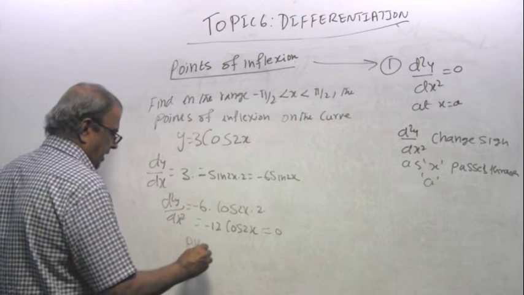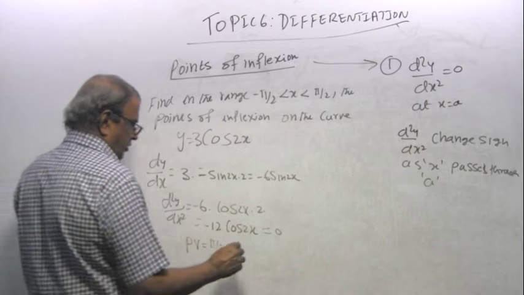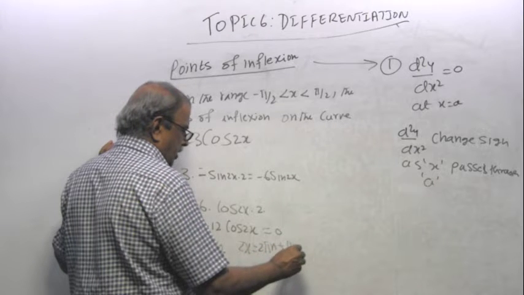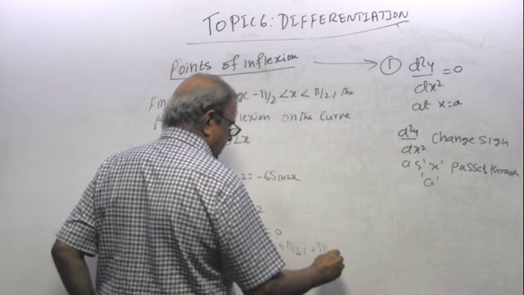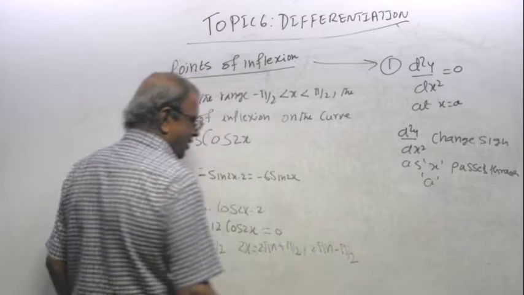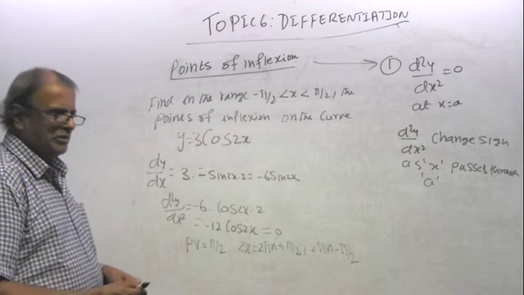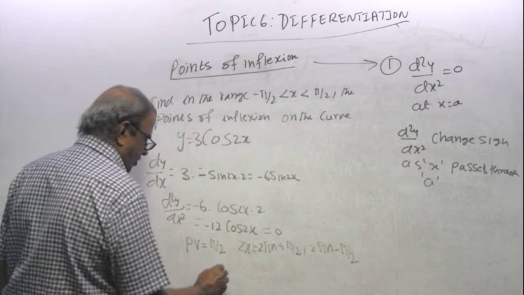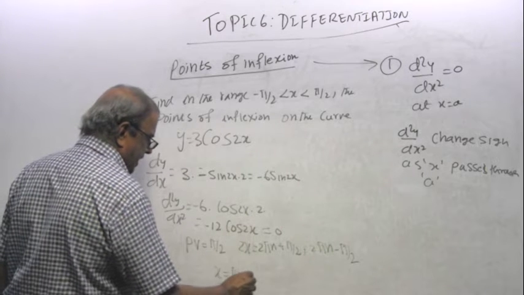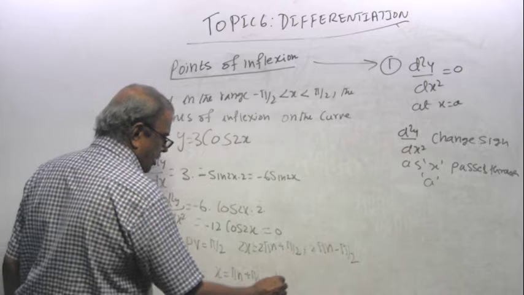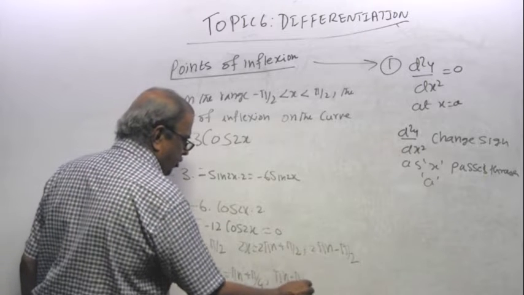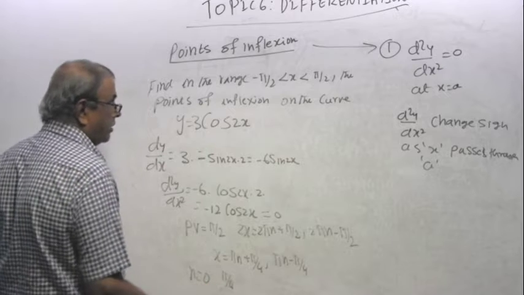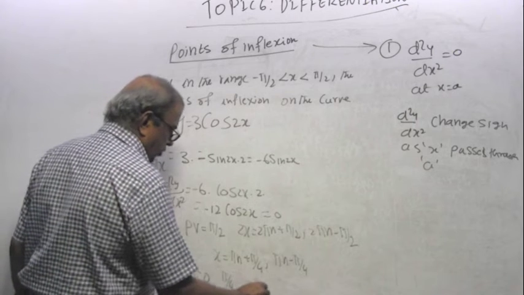So the principal value is pi over 2. So 2x equal to 2 pi n plus pi over 2, 2 pi n minus pi over 2. You see, trigonometric equations, differentiation, trigonometry, you can't get rid of it. So x equal to pi n plus pi over 4, pi n minus pi over 4. Put n as 0, I get pi over 4 and then minus pi over 4.